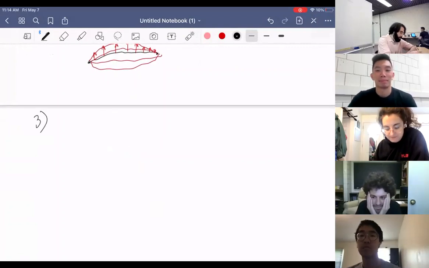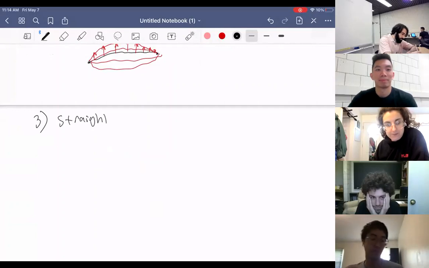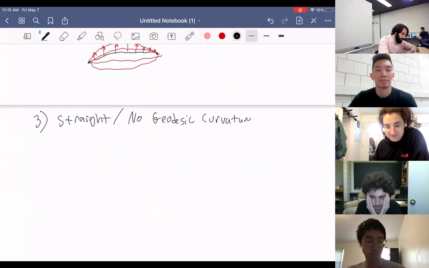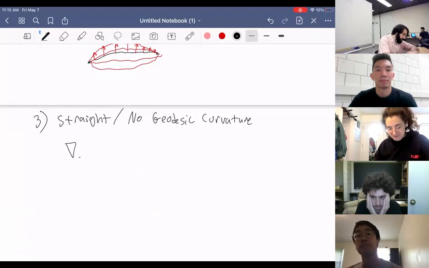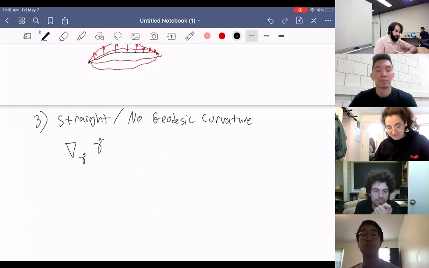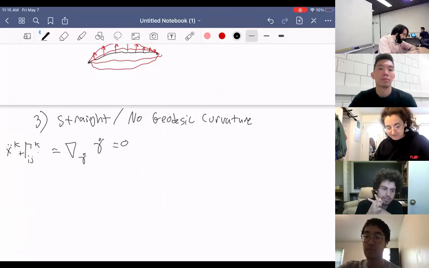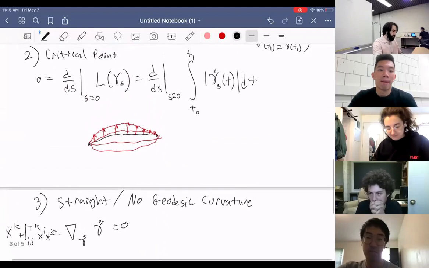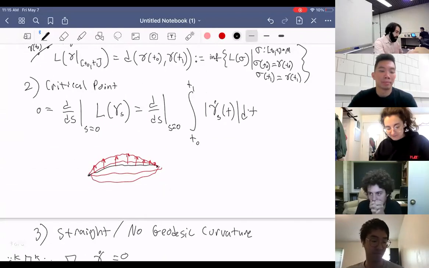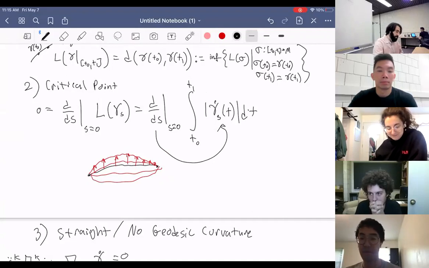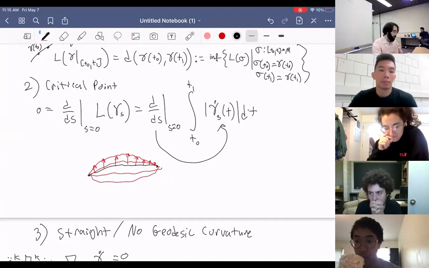And the third equivalent definition is that geodesics are straight, or they have no geodesic curvature. So this means that the covariant derivative of the geodesic with respect to itself is 0, or if you like, in Einstein notation and Christoffel symbols, and we get this just by taking the derivative, applying this D/DS over here, and we get that formula.